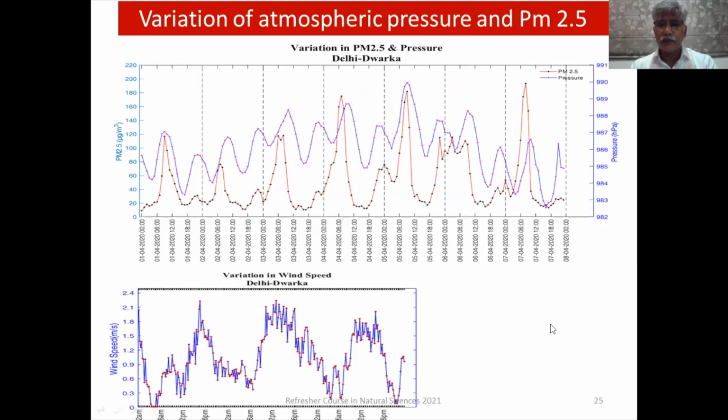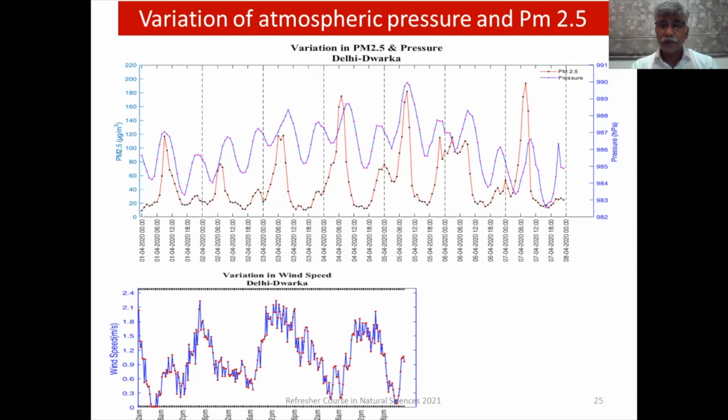So this is our graph, and this basically describes the variation of atmospheric pressure and PM2.5. I would like to mention here that regarding the atmospheric parameters, this is not a very small study; it has been carried out, and people understand this, specifically atmospheric pressure.